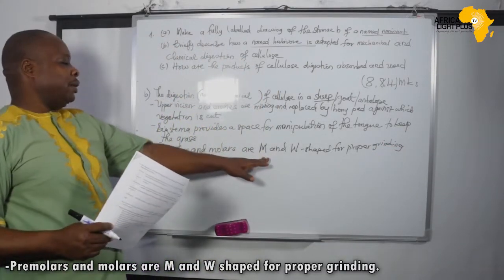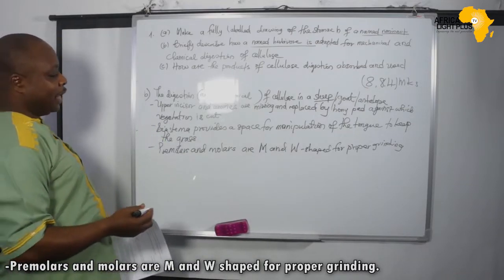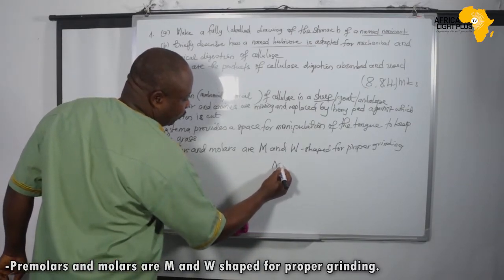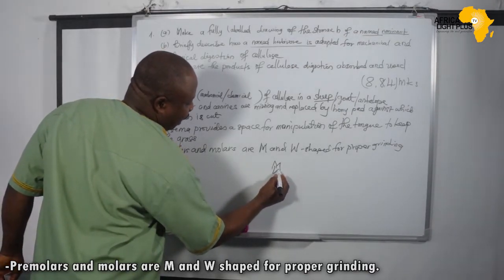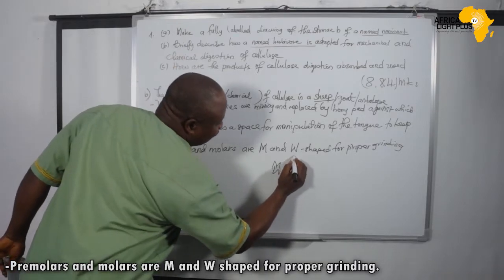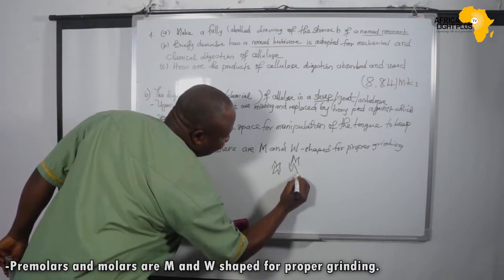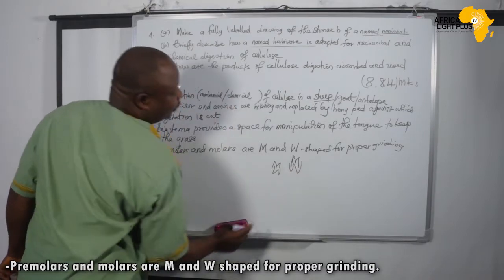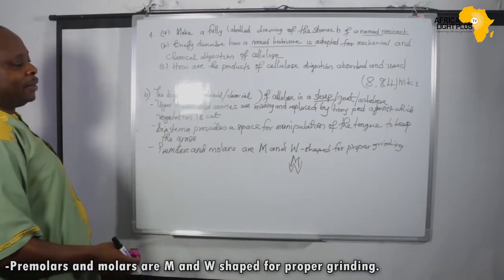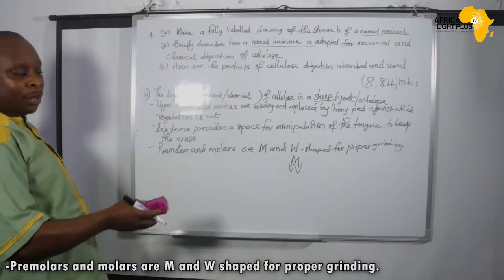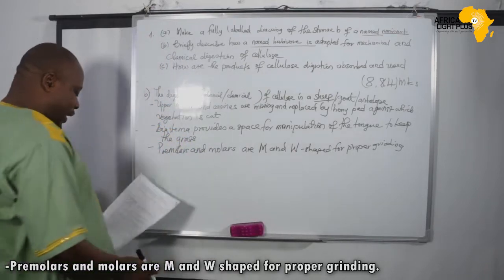Now, let me explain what M and W shape means. A letter M, for instance, can neatly fit in a W. That is why they said M and W. So they can easily fit into each other. That's why we say M and W shape for proper grinding.